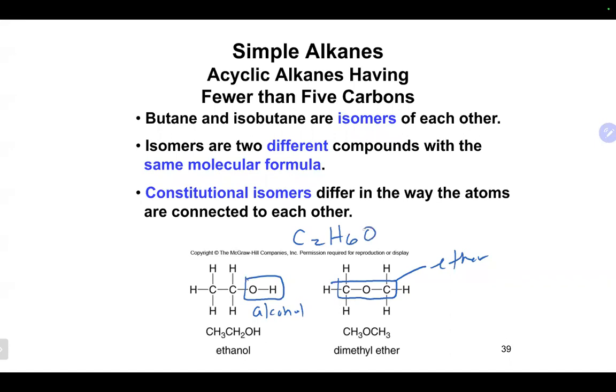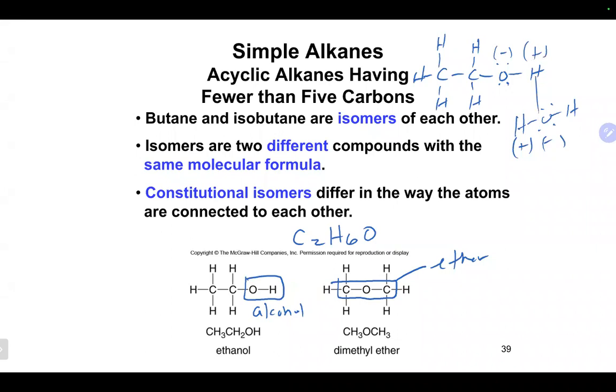They have different connectivity. For example, they also would have different properties. Our alcohol there, which is ethanol, has that OH group that we talked about, which again will allow it to, for example, hydrogen bond with something like water through that group, do a little bit of hydrogen bonding, makes ethanol soluble in water.